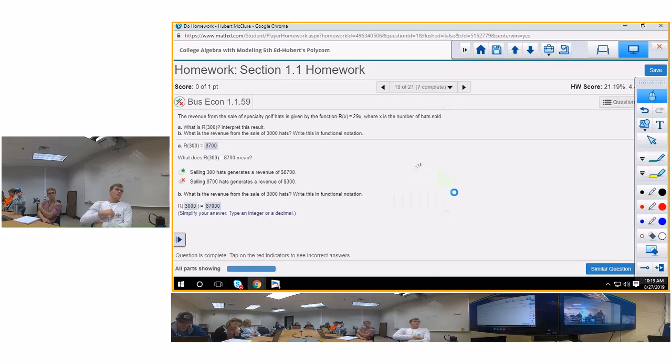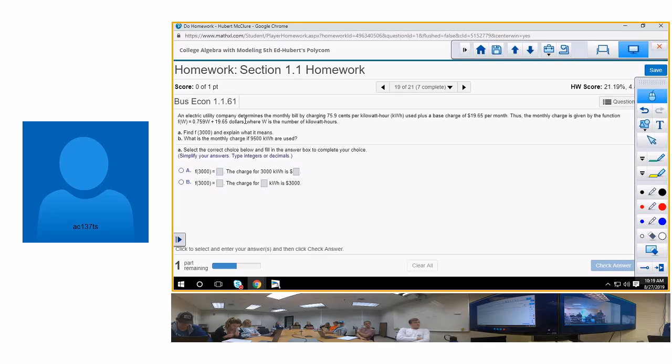I ain't got any good test questions yet. Okay, here we go. This looks like a good test question because they give you the formula. An electric utility company determines the monthly bill by charging 76 cents per hour. Okay, now I know it says 75.9. I have several degrees. I just said 76 because it's in my head as 76.